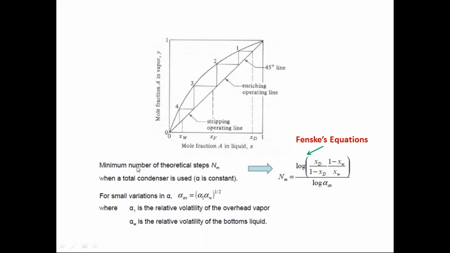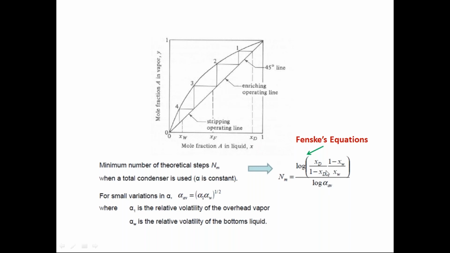So at total reflux conditions, the minimum number of theoretical stages, N minimum, can be calculated using the Fenske's equation, and this is the Fenske equation, which we will derive now. We will see how it can be derived. This equation will give how many minimum number of plates are required to separate a system with XD as the quality of the product, XW as the quality of the residue, and having alpha as the system relative volatility.